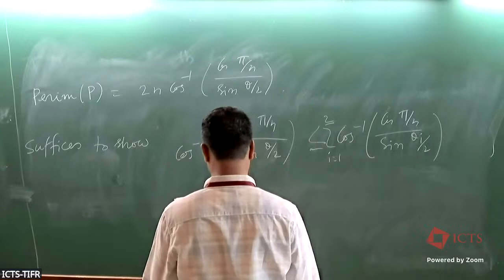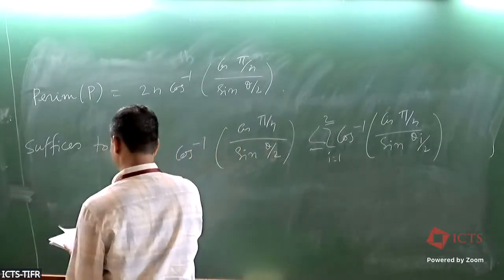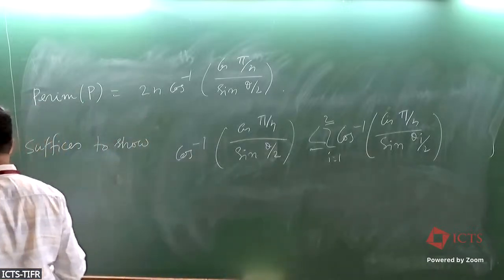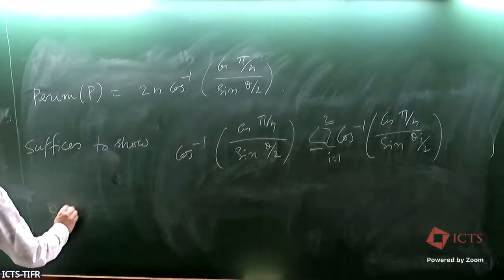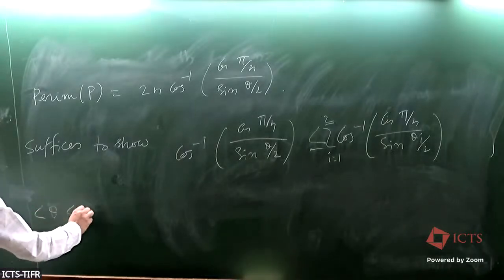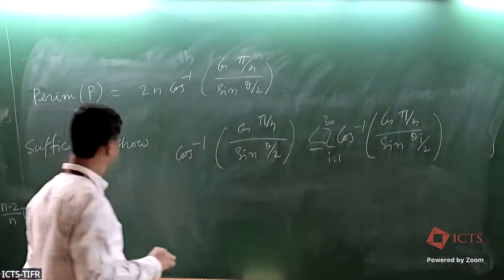And this inequality follows from the fact that this interior angle theta has the following bound: theta is less than pi and greater than n minus 2 over n times pi. Equality holds when theta is equal to n minus 2 over n times pi, when the polygon is degenerate.